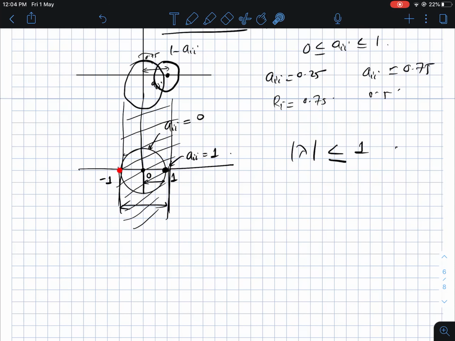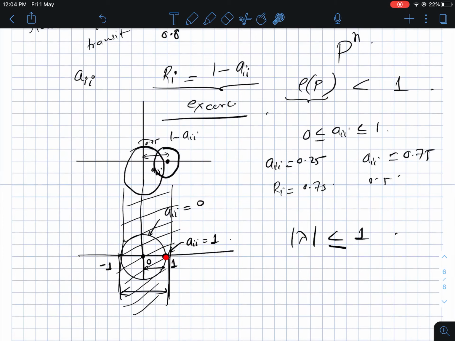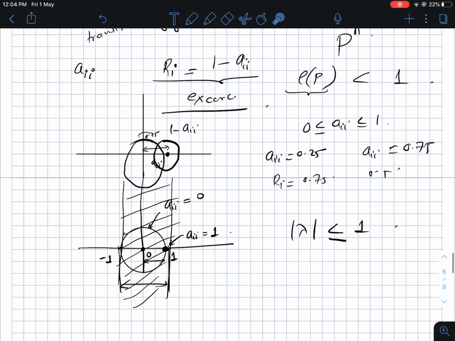Otherwise, it won't even touch minus 1. It could touch 1, however. When will it touch 1? You will get this dot provided one of the diagonal entries, a_ii, is 1.